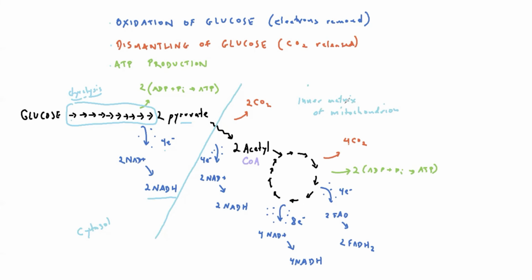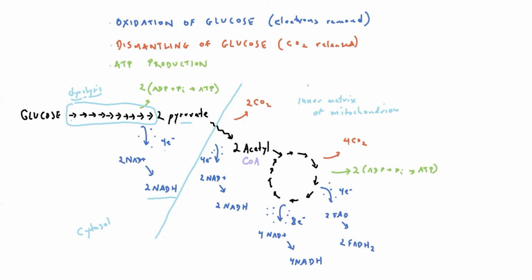And as this is happening, as the pyruvates are being imported into the inner matrix of the mitochondrion, pyruvates are produced by glycolysis out in the cytosol, and then transported from the cytosol over into the inner matrix of the mitochondria.